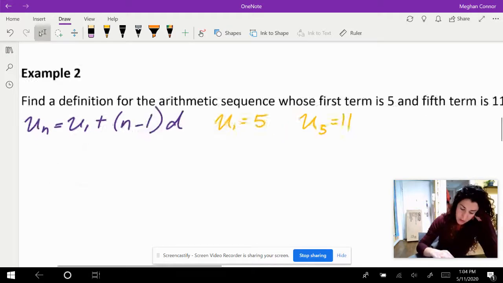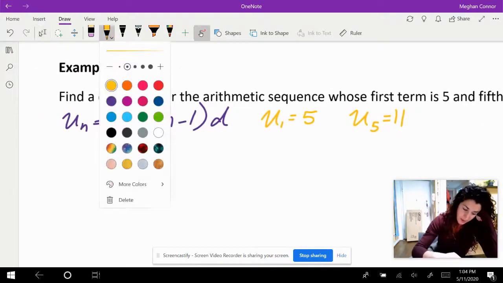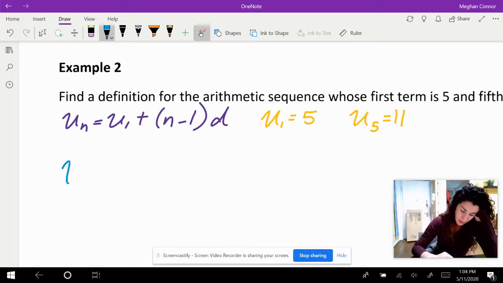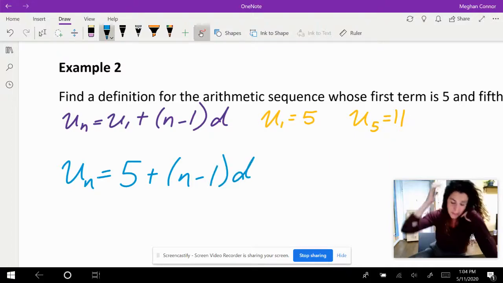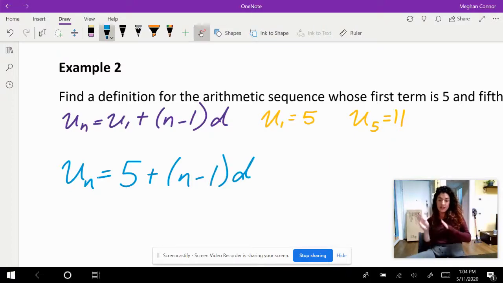We have our u sub 1. So u sub n equals u sub 1, which is 5, plus n minus 1 times d. What we don't have here is d.